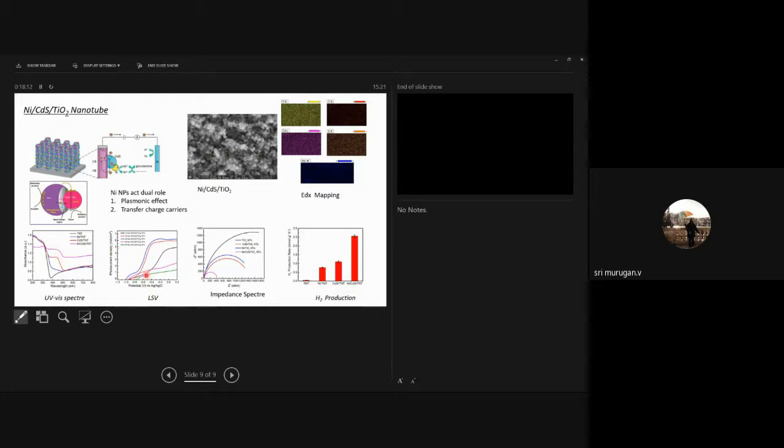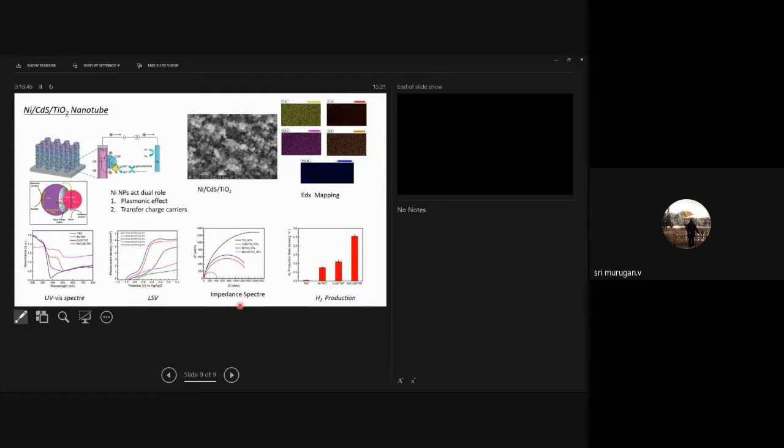As well as that, I varied the nickel deposition time, and I checked how much current is produced here. If I vary the nickel deposition times, the current is also varying. At a particular deposition time, I'm able to get 6.5 milliampere per centimeter square current density.